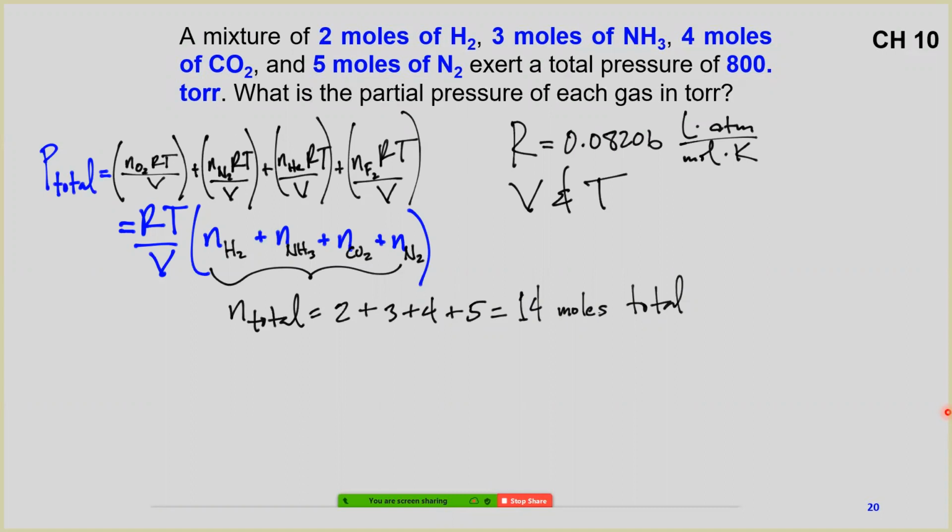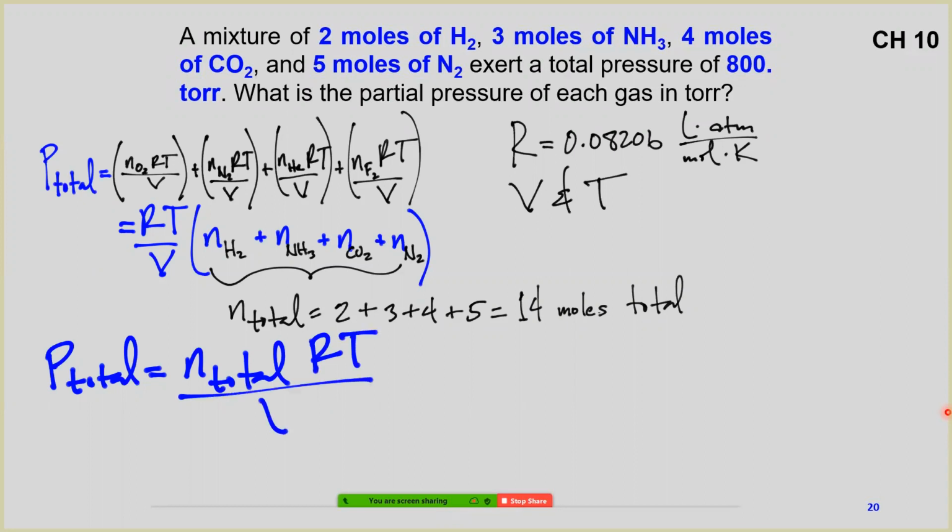So we can set up our equation here, P total, which we know, equals N total times RT over V. So what we can do here is solve for this right here temporarily.